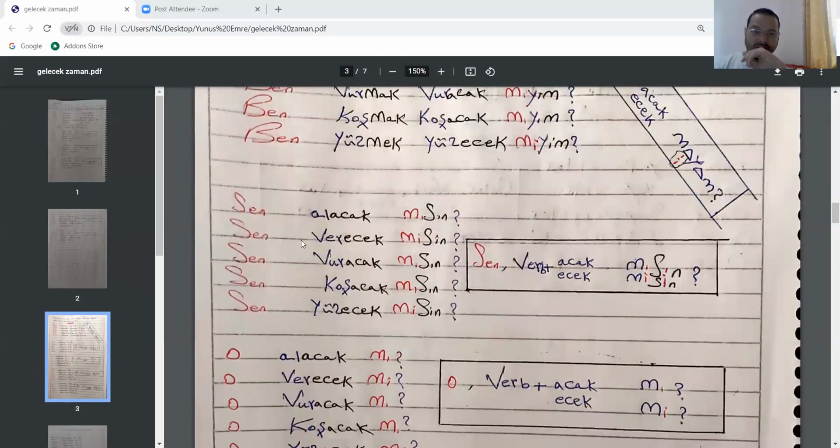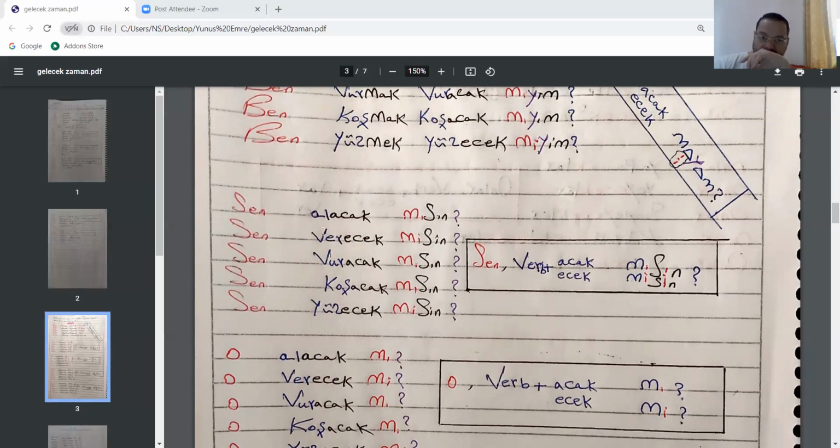Now sen, the same situation with a simple difference. Sen, verb, acak, ecek, and after that M delta, S delta N. Or we can say it directly like that: misin or mısın, depending on acak or ecek. Okay? Alacak mısın?